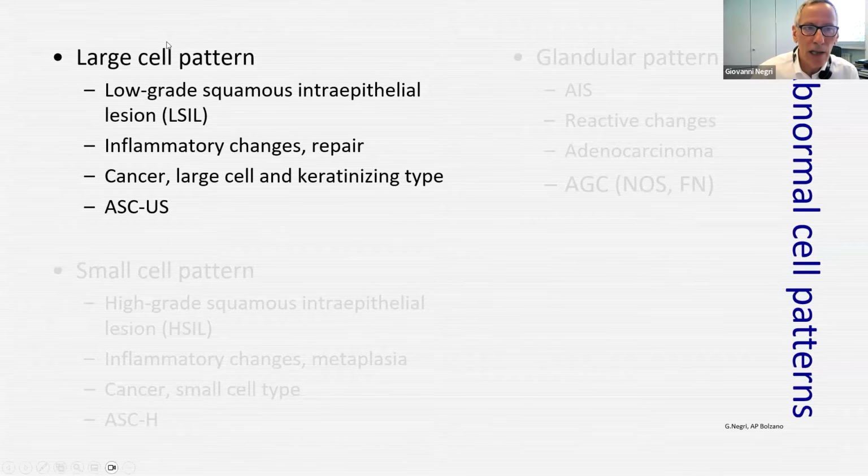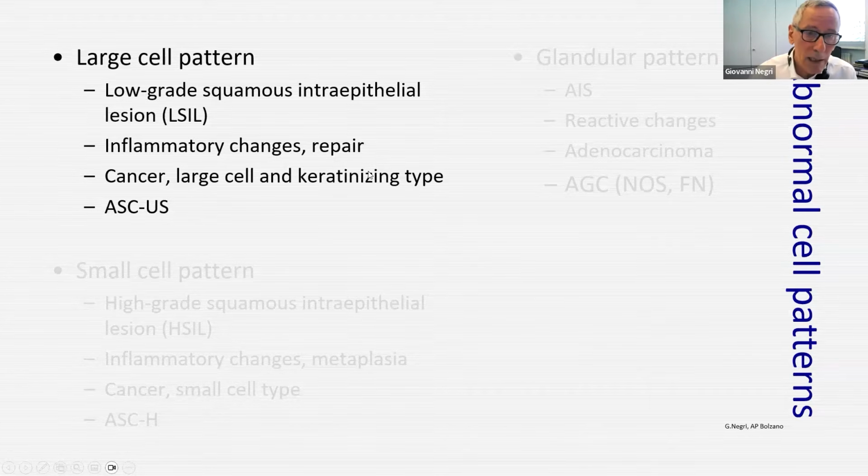And we begin now with the large cell pattern. As you see, you have only a few differential diagnoses, actually 3. Of course, there are exceptions, but this works in most cases. So in the large cell pattern, if your abnormal cells are large, you have to rule out a low-grade squamous intraepithelial lesion. Of course, inflammatory changes, tissue repair.